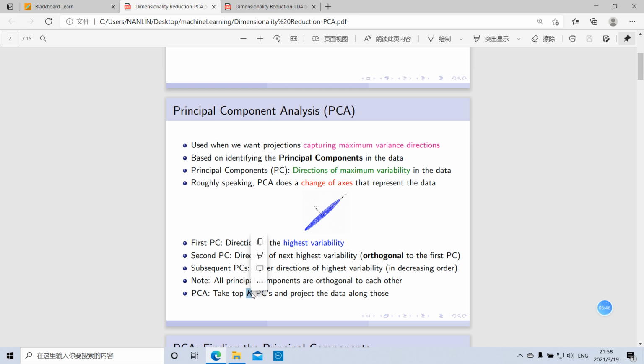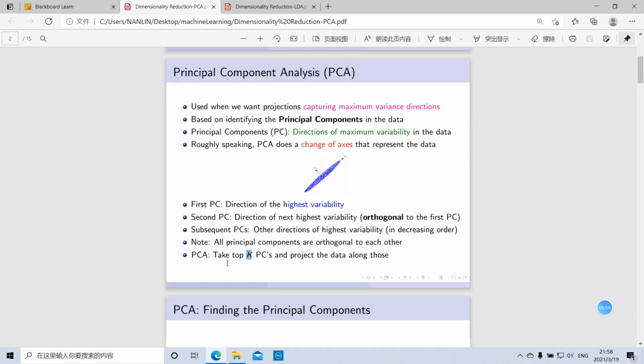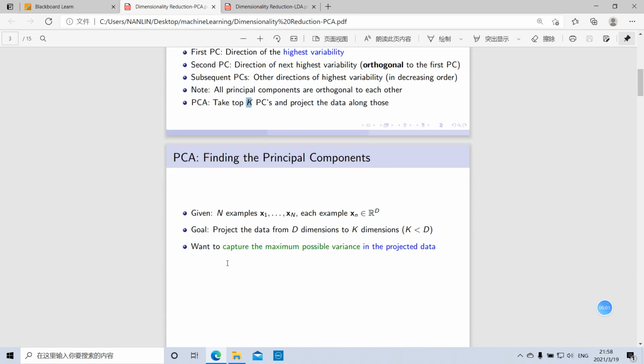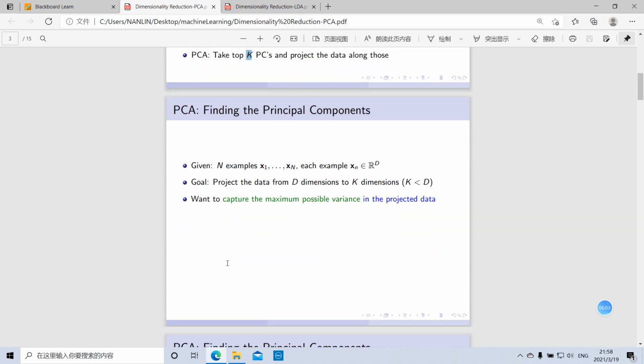So you set up some threshold in terms of the value of variability, and you determine the number K. Given a number of samples, each sample has D dimensions of real values.